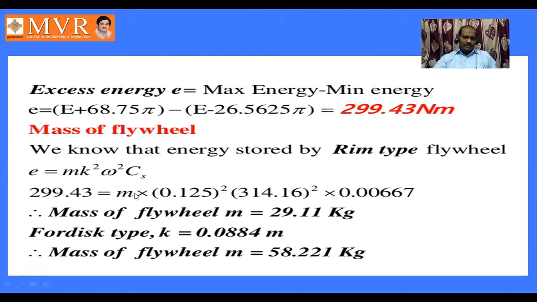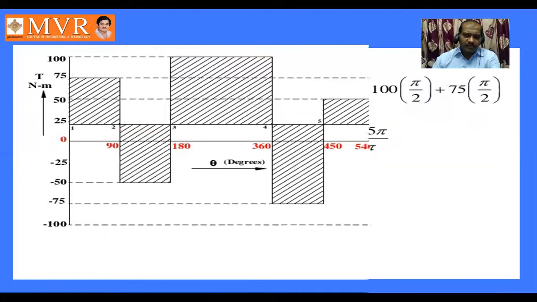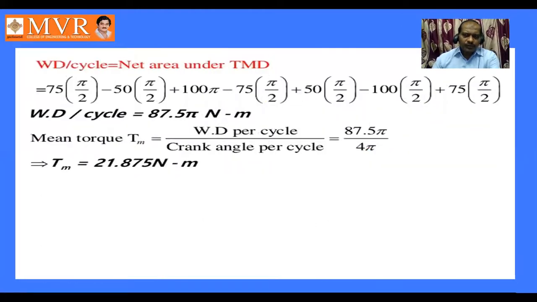Out of all these values, the only unknown value is m, because excess energy you have calculated, that is 299.43, and mass is unknown. Radius of gyration for a rim type is 0.125, that is 250 by 2. Omega is 2 pi n by 60. Already they have given the n value, and by substituting that n value we can find this one.